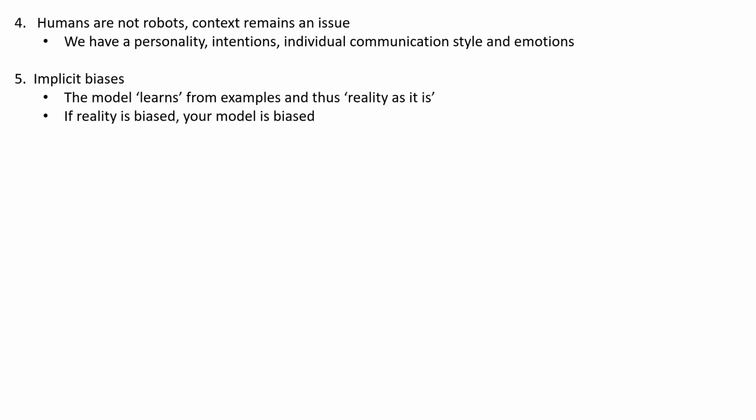5, and finally, implicit biases. This is a typical problem for machine learning algorithms in general. You probably heard some examples in the news about how machine learning algorithms reproduce inequality. So let's say that you have an engineering firm and that you want to automate the hiring process, and you want to construct a predictive model to estimate whether a certain candidate should be hired or not.